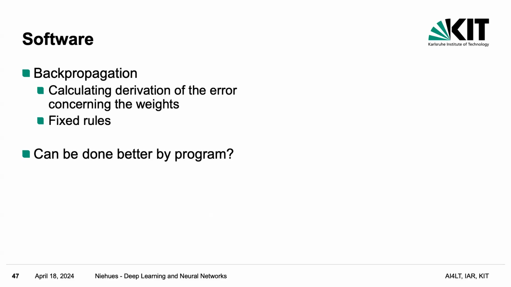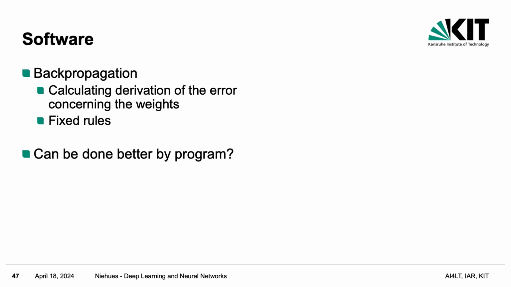But then you also have to implement the backward pass, so how you do the derivation. However, these are quite fixed rules. If you know the forward pass, it's clear what the derivation is, and you don't really have to implement it again and again. And you saw this nice modularity.